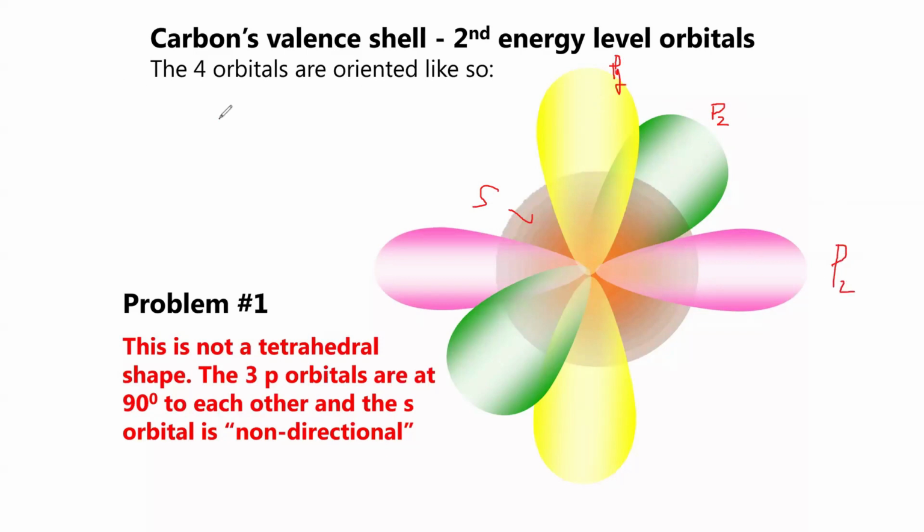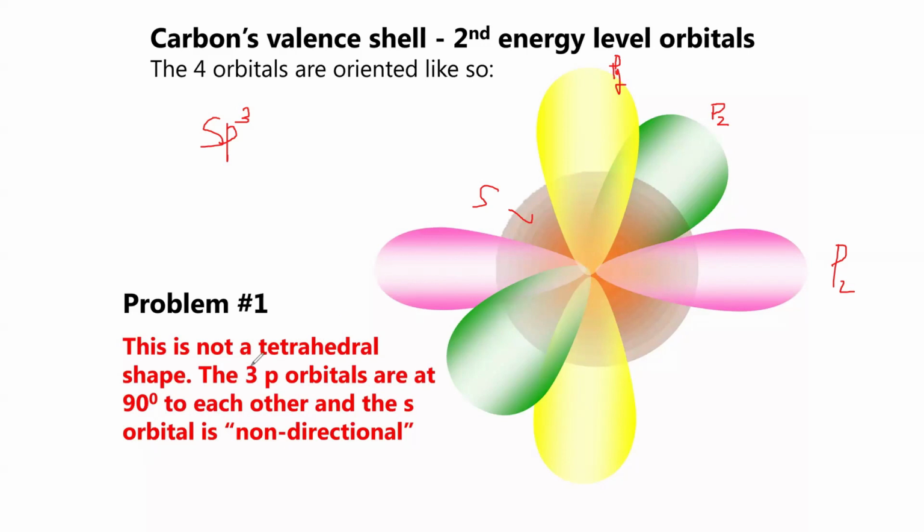So this is the shape of sp3 hybridization. When the orbitals mix together, they will give a shape like this, which is tetrahedral. The three p orbitals are at 90 degrees to each other, and the s orbital is non-directional. Because it is spherical in shape, it is non-directional.